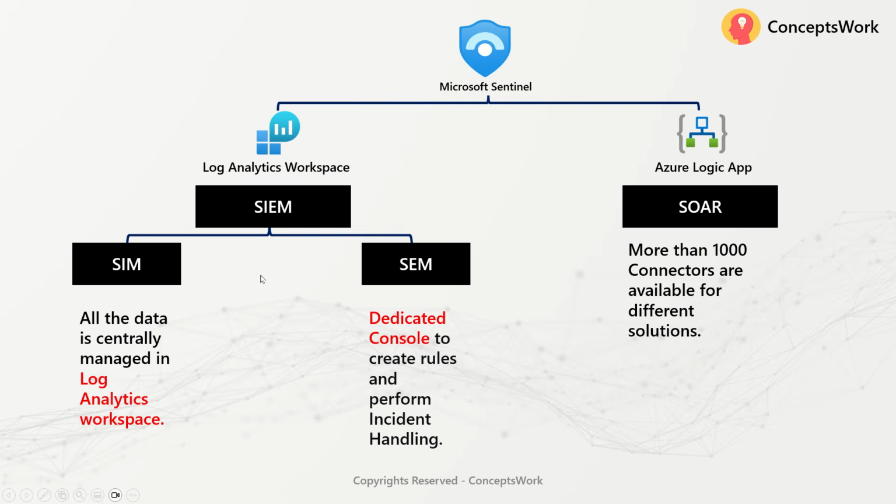Since you will be ingesting all your data into Log Analytics Workspace, all data is available in one single place, which is the logs access itself, and you can interact with that data. Similarly, the Microsoft Sentinel console gives you the privilege to create rules with which you can perform incident handling. And when it comes to Azure Logic Apps, there are more than 1,000 different connectors already available. You can just activate them and use them as per your requirement.